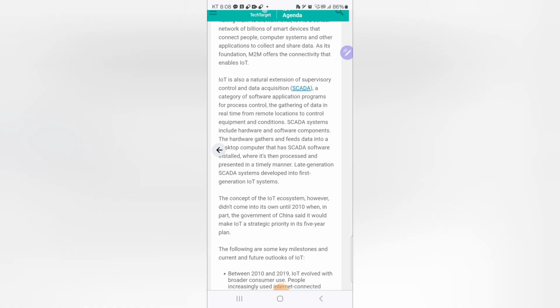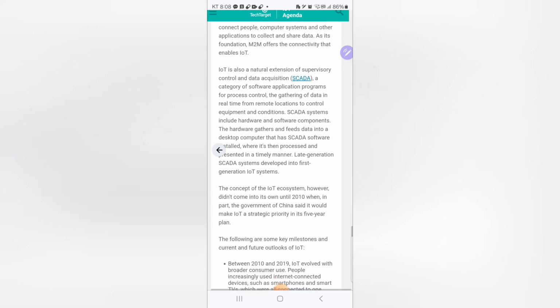IoT is also a natural extension of supervisory control and data acquisition, SCADA. SCADA is a category of software application programs for process control and the gathering of data in real time from remote locations to control equipment and conditions.